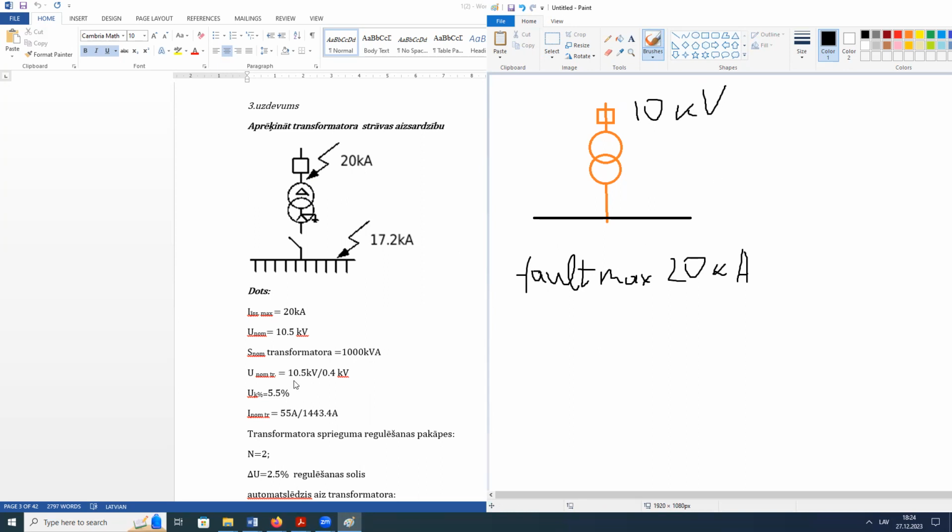To be true, we have the taps for the transformer. Do you know what is a tap of a transformer? Yes, tapping. During exploitation, we could change the tap of the transformer to keep the voltage level, because there could be different loads, different power, and based on this, there is a possible voltage drop.